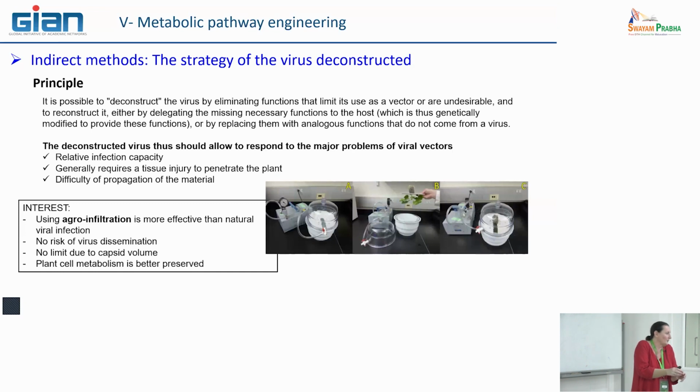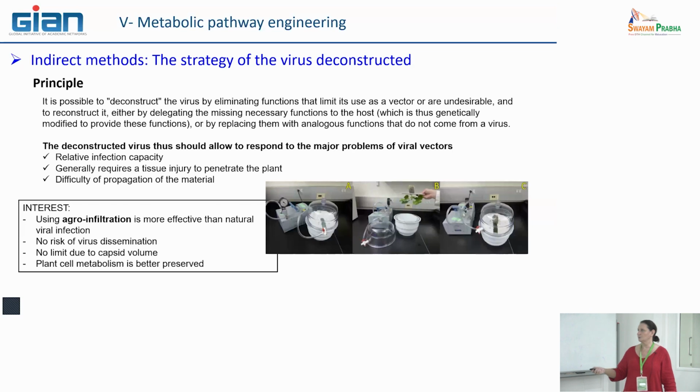The Agrobacterium infiltrates all the stomata of the plant. So in this way, you can infiltrate Agrobacterium with the virus sequence in the plasmid in just a few minutes, and with lots of efficiency, whatever the organ of the plant.